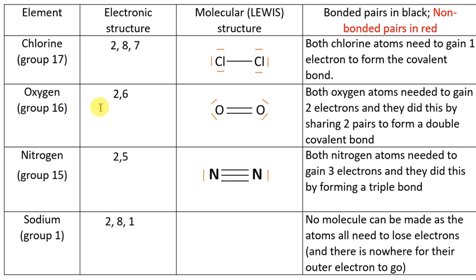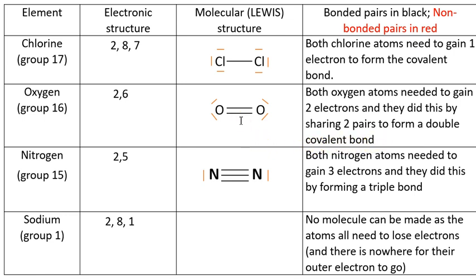Oxygen, group 16, 6 valence electrons. 2 need to be gained to get a full, stable octet of outer electrons. Okay, so both atoms needed to gain 2 electrons, and they did this by sharing 2 pairs to form a double covalent bond.